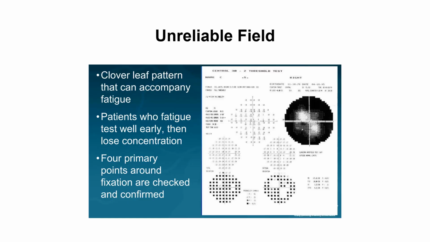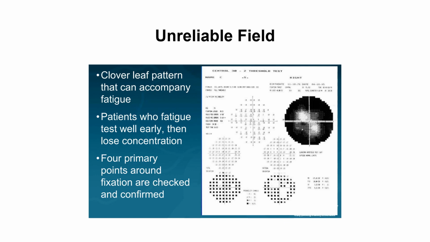So this is an unreliable field because of the cloverleaf appearance, which means that the patient is becoming fatigued, inattentive, losing concentration. They will test very well in the beginning of the test. However, with time, they lose concentration, energy and motivation to respond well.